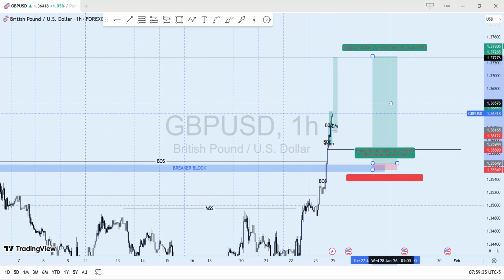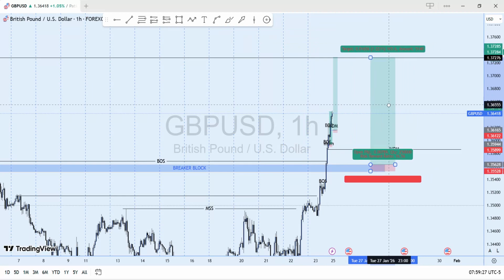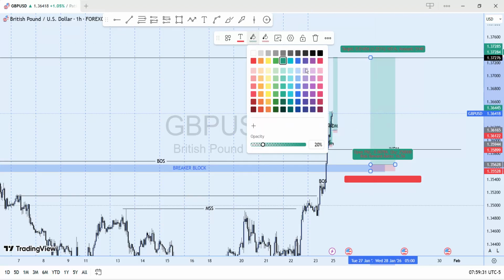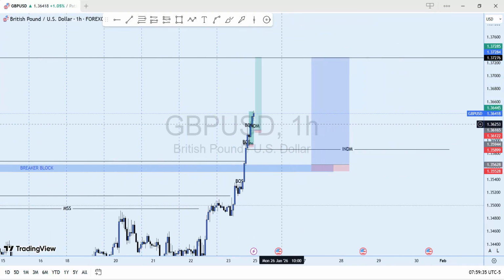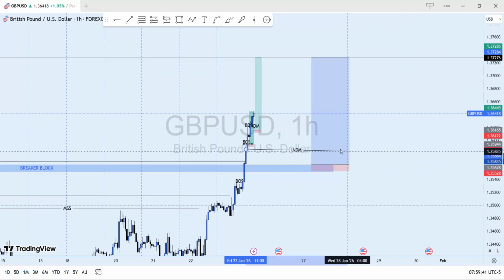Then I'm going to change this color. Let me change this color. Yeah, it's kind of beautiful, right? Okay, so this is it. This is what I'll be looking out for in the market.